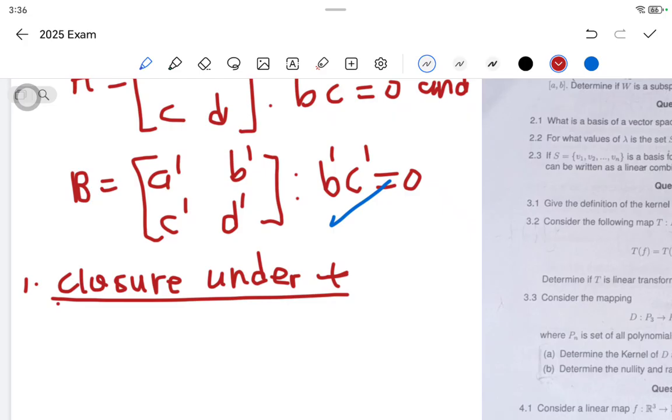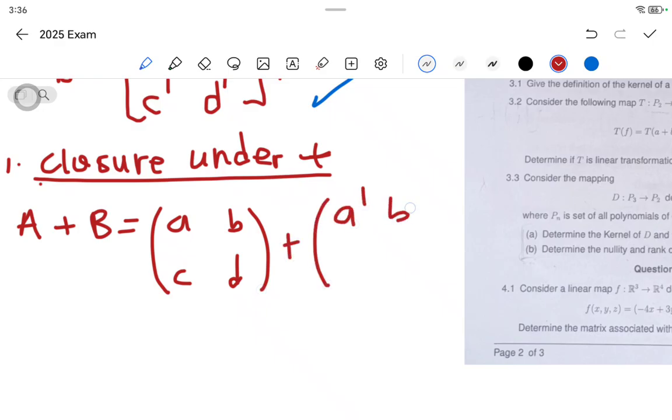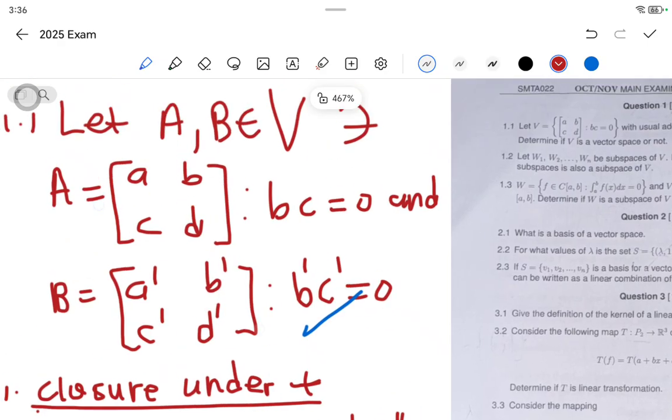You say, right, then you say that A plus B is equal to [A, B, C, D] plus [A prime, B prime, C prime, D prime]. You don't just start with a counterexample, guys. I realize that there are some people who just come here and do a counterexample. You must first start by writing the structures. This is 1 mark. You get 1 mark.